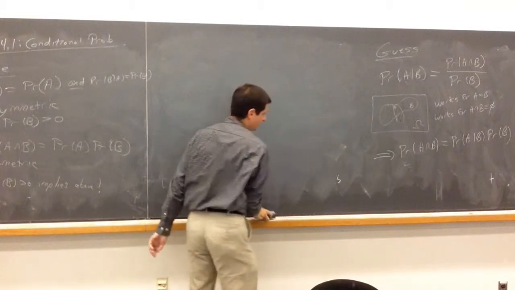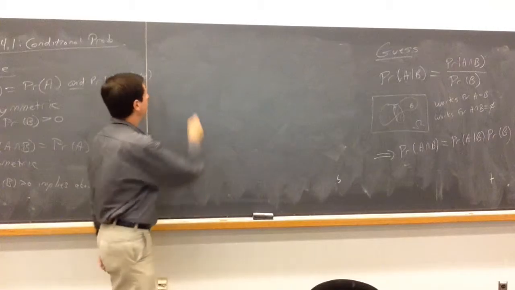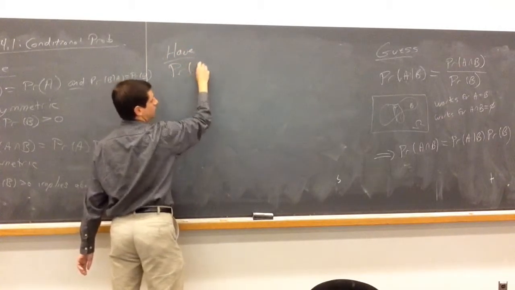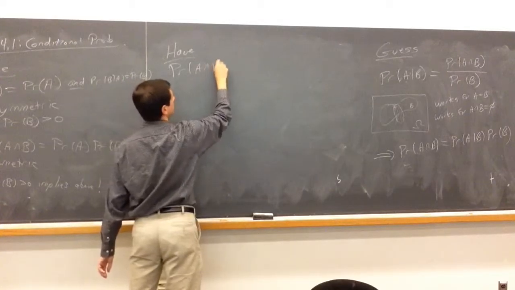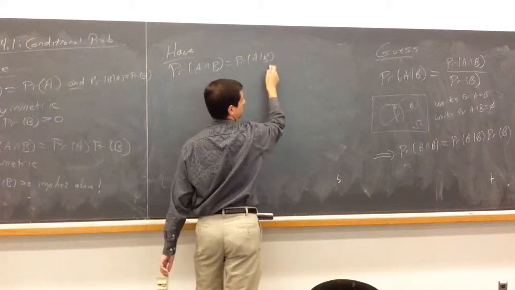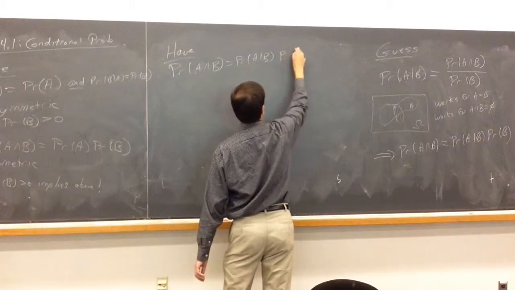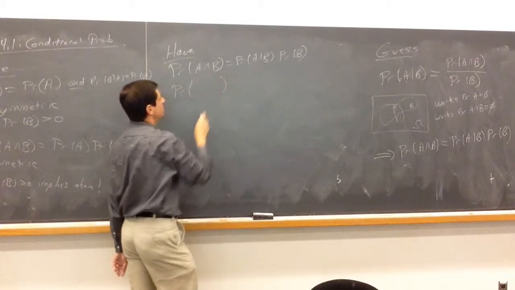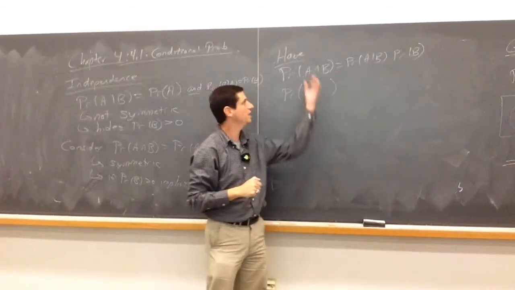All right. So we have the probability of A intersect B is the probability of A given B times the probability of B. Can somebody give me another set that is the same as A intersect B?